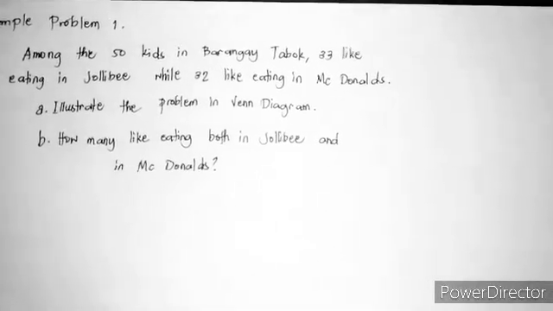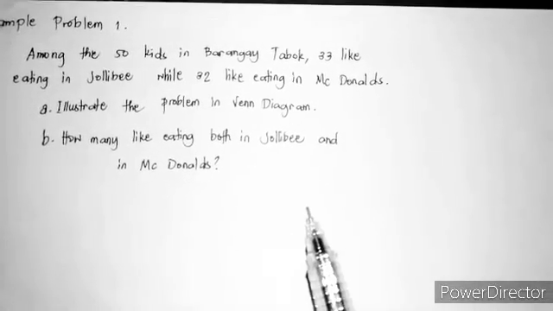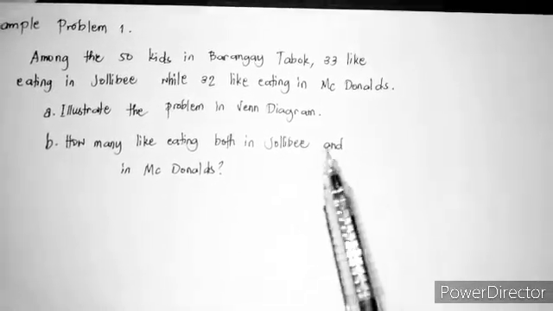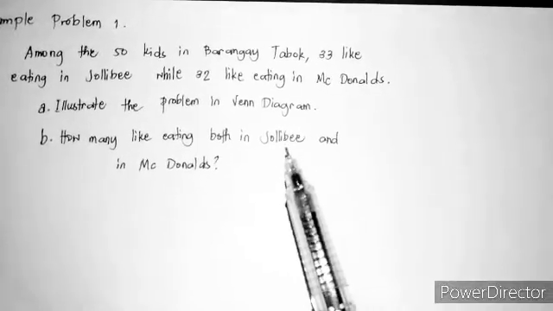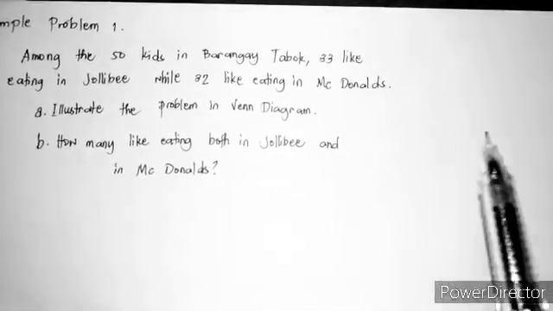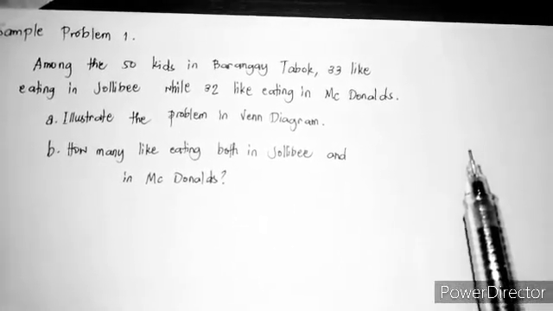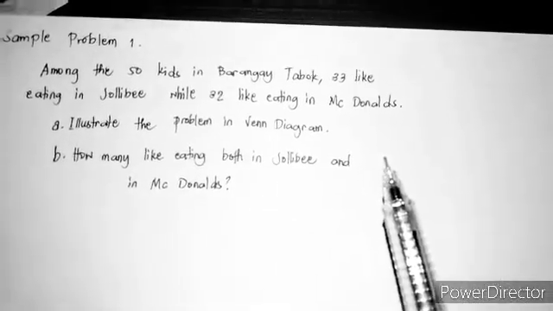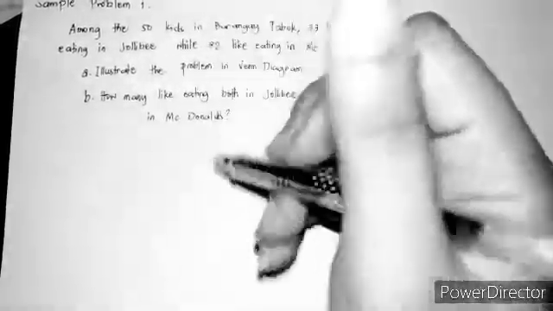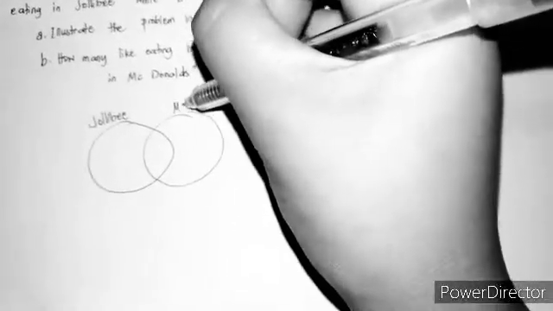As you can see, the given does not mention how many ate in both Jollibee and McDonald's, so we have to find that first. Let us illustrate. Make two circles that intersect, because the intersection is those who ate in both Jollibee and McDonald's.